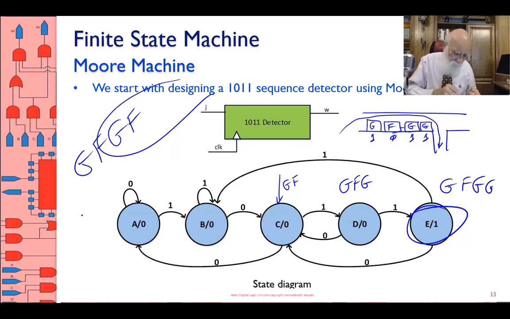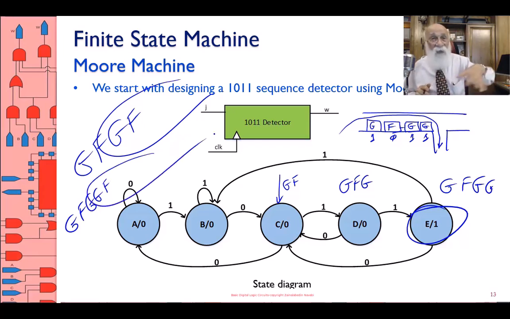If you are in E, a G, an F, a G, and a G, and then you receive an F, that can be the beginning of the next sequence. Now let's go to the reality and look at ones and zeros. If I am in state E and I receive a flower, then that could be the GF of the next sequence.